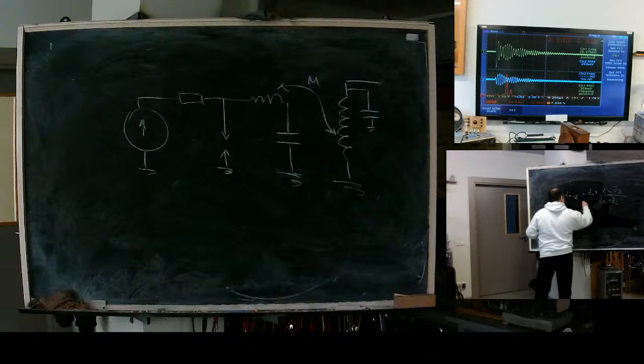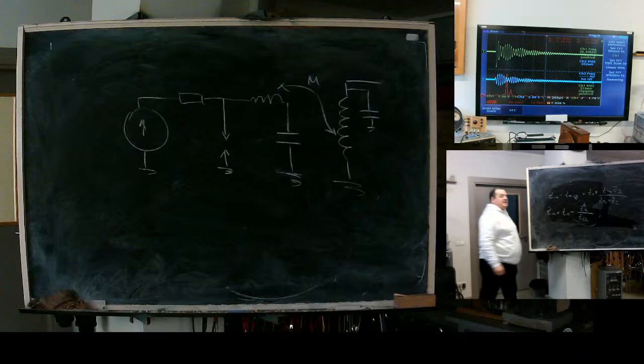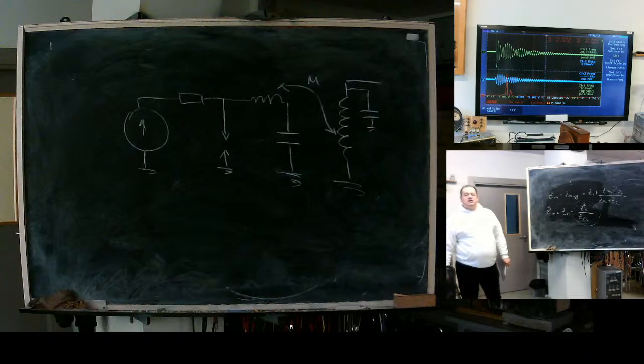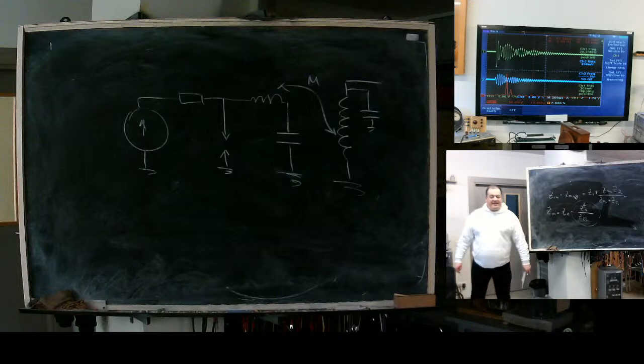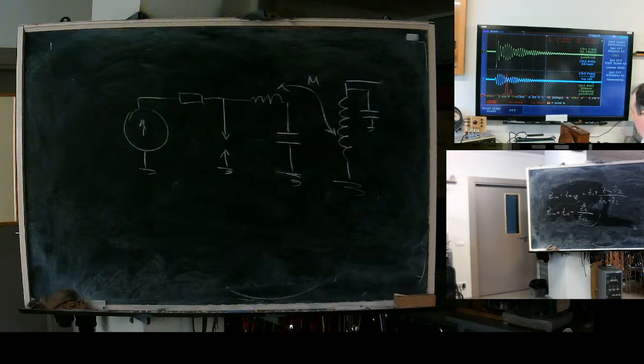This is squared, and this part is an introduced or transformed resistance or impedance. That's what the secondary introduces, including active losses in the secondary impedance.